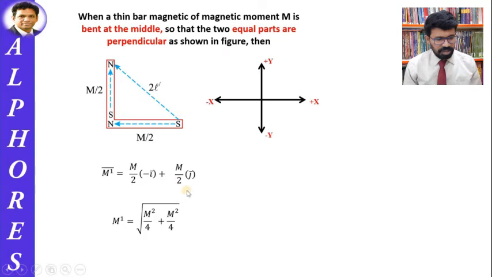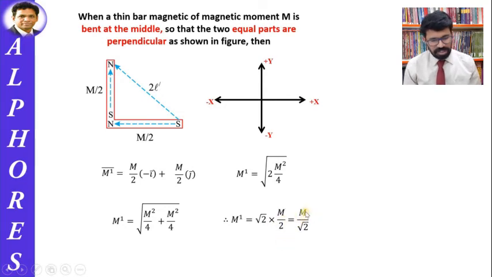The resultant will be under root m by 2 whole square plus m by 2 whole square, isn't it? Further reduced, you will have under root 2m square by 4, which simplifies to root 2 into m by 2, and after rationalization you get m by root 2. So the resultant magnetic dipole moment is m by root 2.